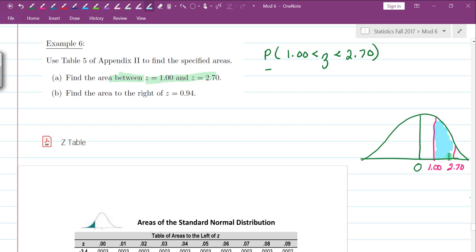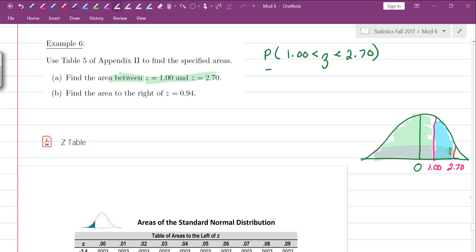I want you to notice though that our tables give us this area, right? If I look up 1.0, it's going to give me this whole area to the left. If I look up 2.7, I'm going to get this whole area in here, correct? But all I want is the blue. So if I look up the area under the curve at 2.7, which is this whole area in here, and then I subtract off the green shaded area, what am I left with?